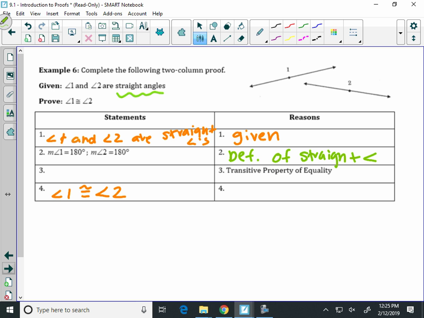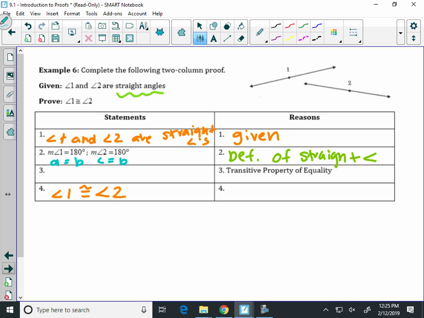And by definition, what do straight angles equal? 180. That's why we can write that. They both are going to equal 180 because they're straight angles. That's their definition. Okay. Step 3 is stating the transitive property of equality. We talked about that one yesterday. Transitive property is where one thing equals another. So A equals B.